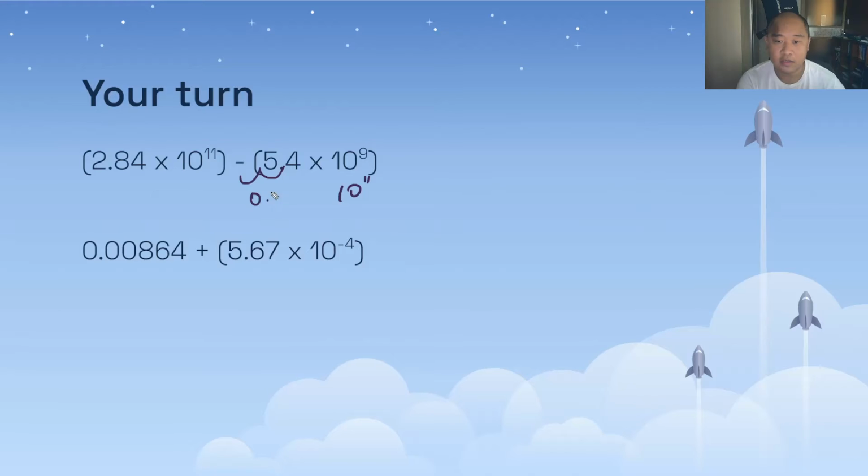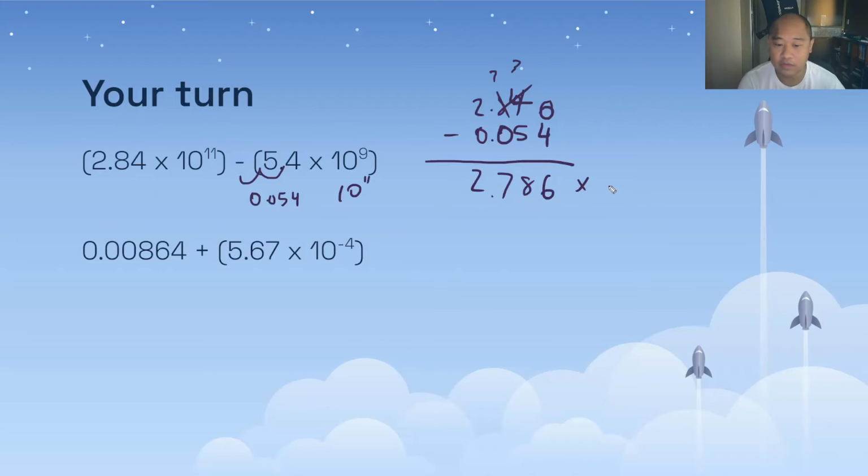So that's 0.054. 2.84 minus 0.054. So this is 2.786 times 10 to the 11th.